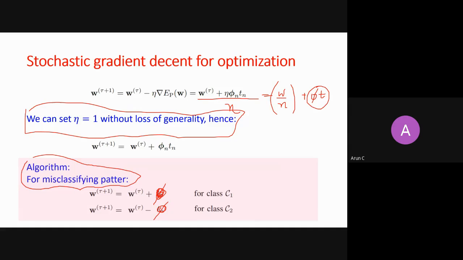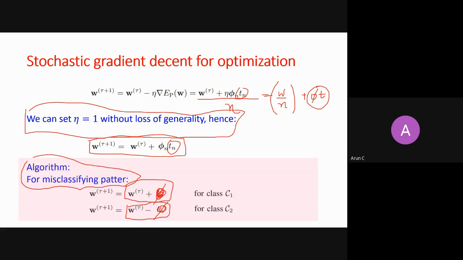If my sample was positive and it is misclassified, then I need to add my x to my w vector, right? If my negative sample was misclassified, then I need to subtract it from the w vector, because Tn is just a 1 here, and I am updating my w only when I'm misclassifying it.